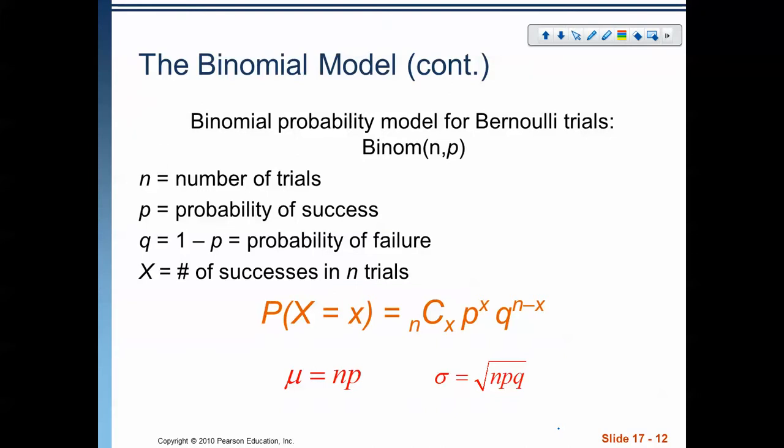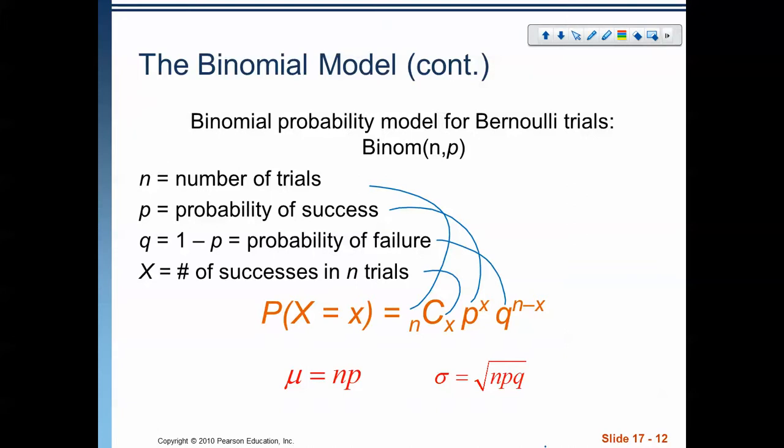Here is the actual binomial model that you will be using as part of your calculation. This is P of your random variable X equals whatever your binomial value is you're looking for: n choose x, where n is your number of trials and x is the number of successes, times the probability of success to the x power, times the probability of failure to the n minus x power.